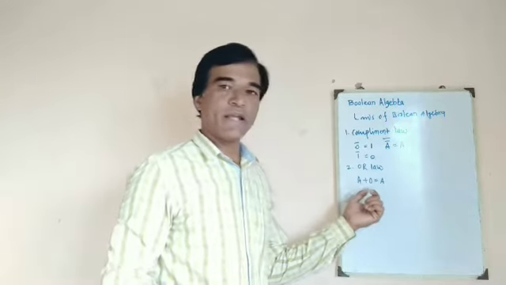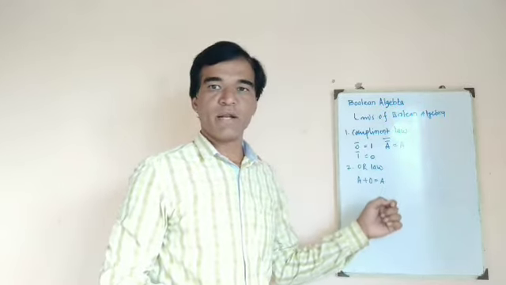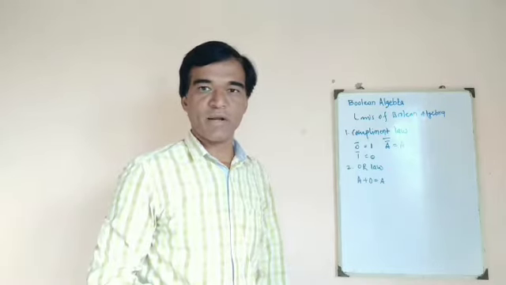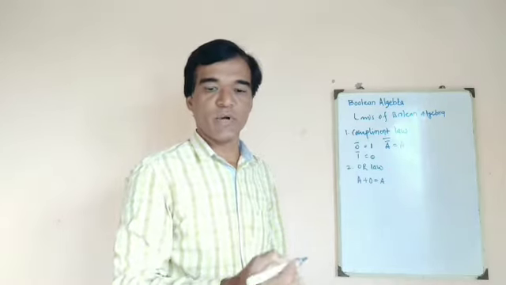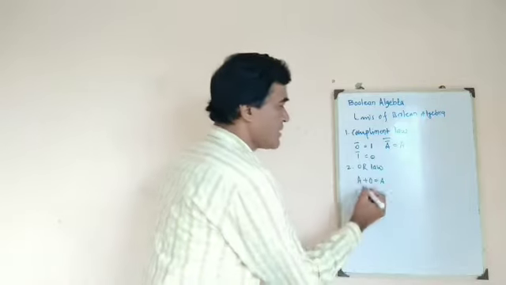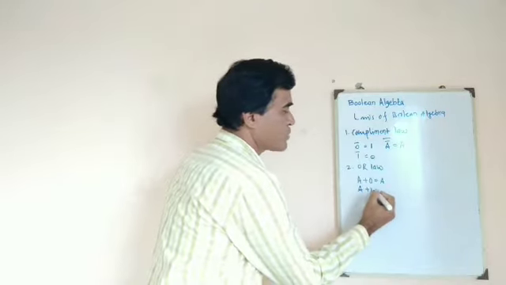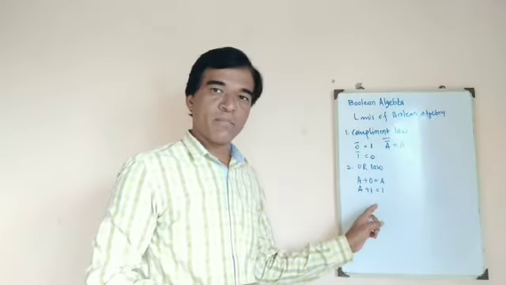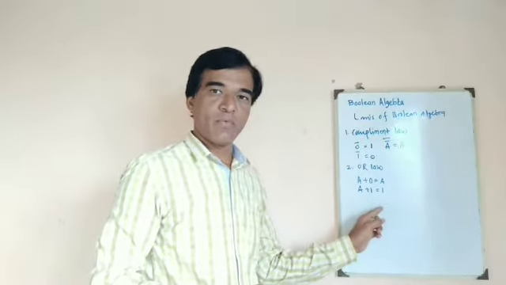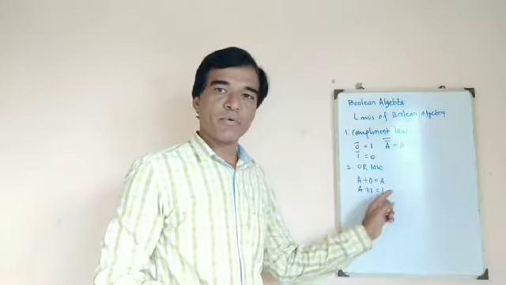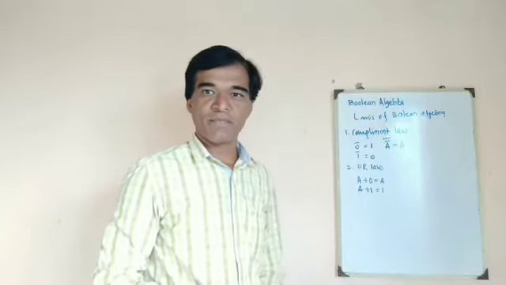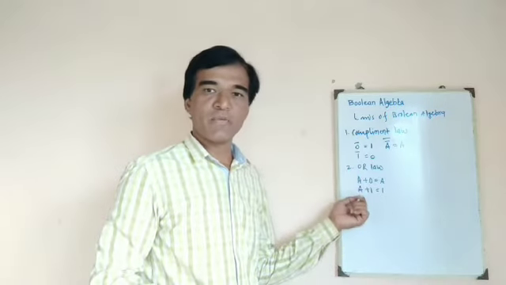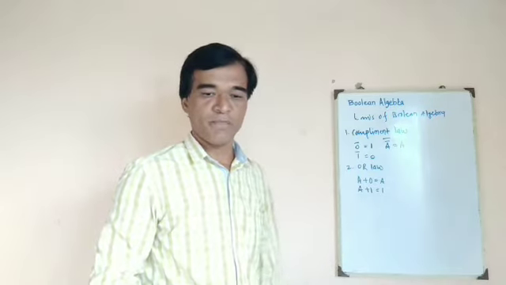So here again a can have two values, 0 and 1, and we have proved this particular law by considering the different values of a, that is 0 and 1. Then we have discussed a plus 1 is equal to 1. If I add 1 to the variable, I am going to get the result 1. This also we have proved by considering the different values of a, that is 0 and 1.